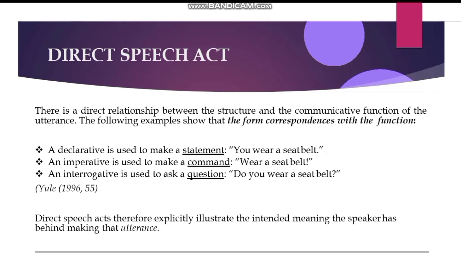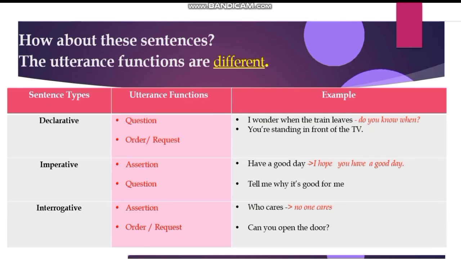An imperative is used to make a command. Wear a seat belt. An interrogative is used to ask a question. Do you wear a seat belt? Direct speech acts therefore explicitly illustrate the intended meaning the speaker has behind making the utterance.